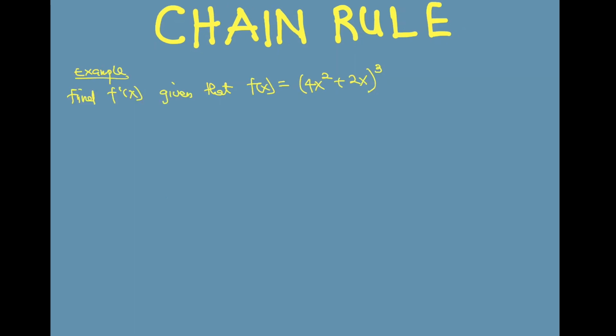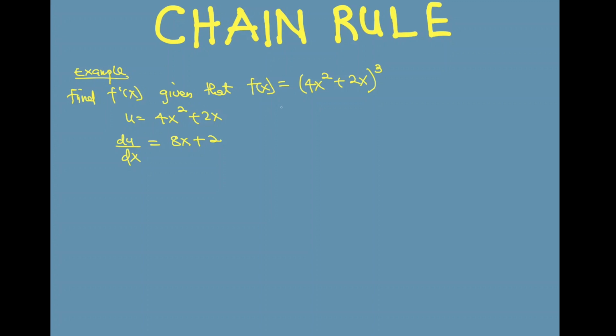In this example, we have to find the derivative of f with respect to x, given that f of x equals 4x squared plus 2x all to the third. Now, f of x is in the form of a composite function with our inside function u equals 4x squared plus 2x. So the derivative of the inside function with respect to x gives us 8x plus 2.